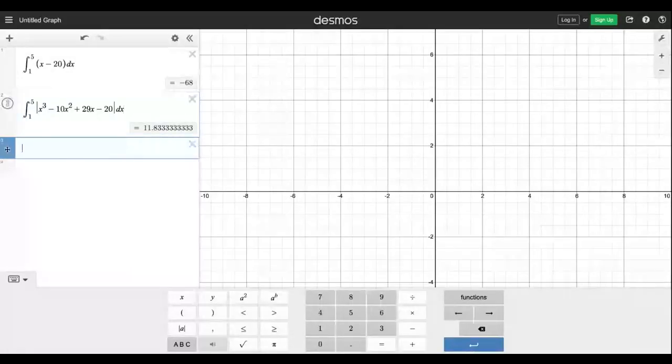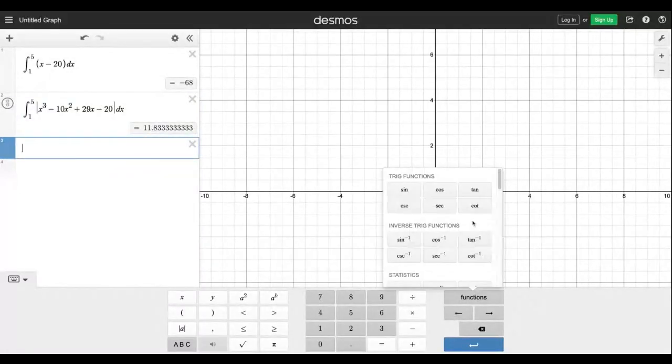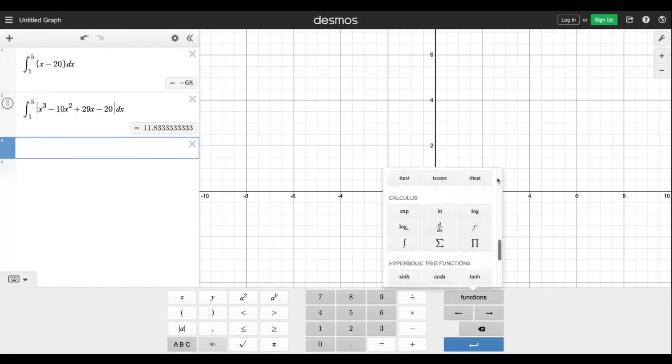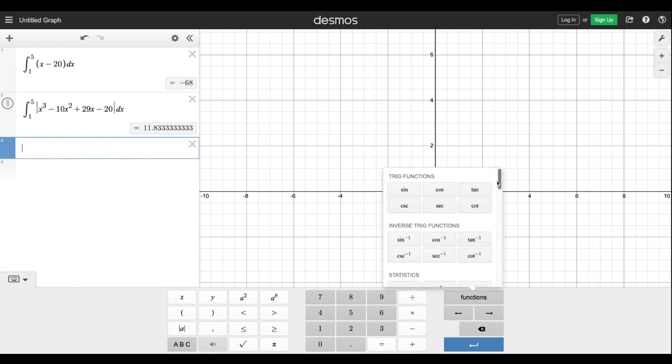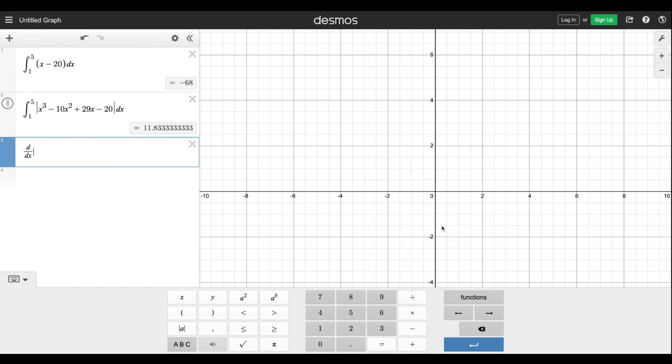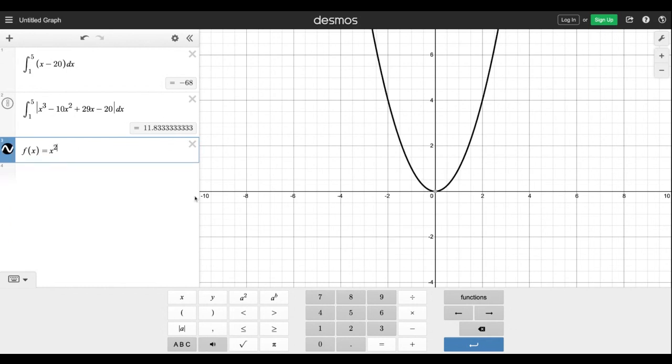Okay, so let's say I wanted to do Desmos using the derivative function. So I just go down to the derivative, and that's f prime. Oops, I haven't played around a lot with this. I should have played with this more. Okay, so let's go f of x equals x squared, and then let's go down to the next one and do f prime.